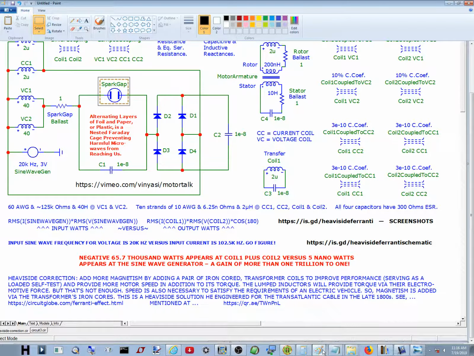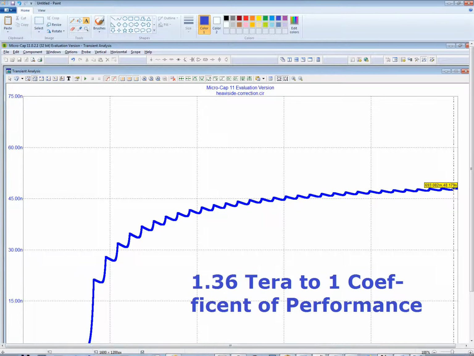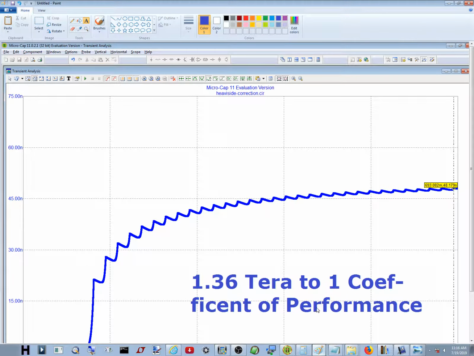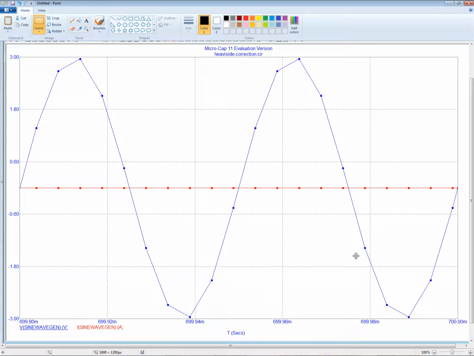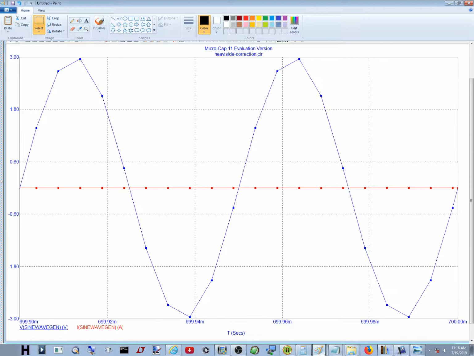The waves are at odds with each other. They're 180 degrees out of phase. If we zoom in, this is the input. The blue is the voltage at 20,000, and the red is a little higher frequency, a little over 100,000 cycles per second.